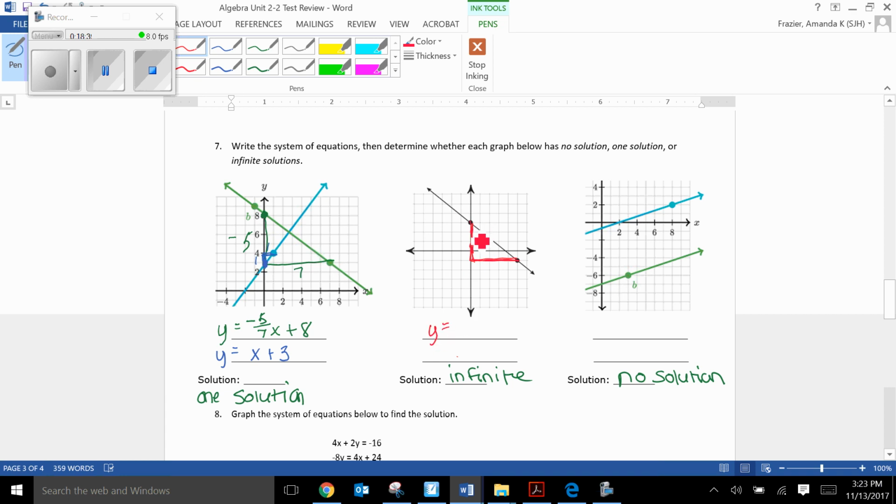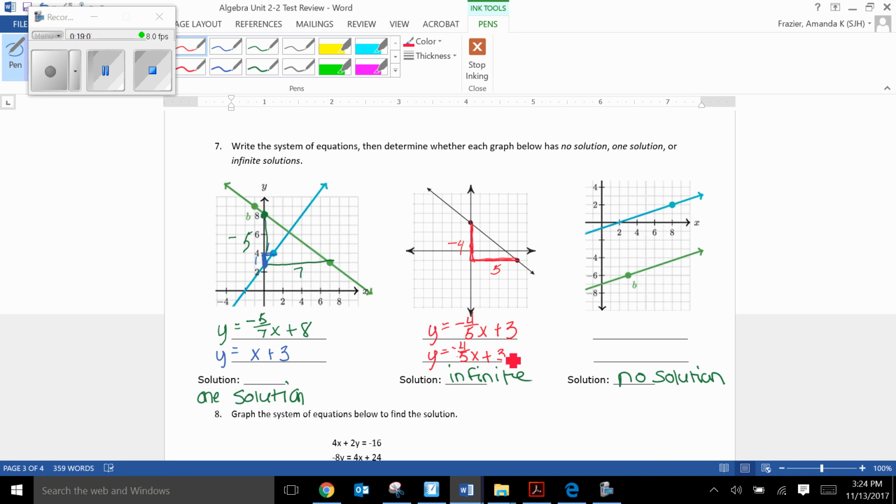And my slope is -1, 2, 3, -4 over 5. So I'll have -4/5 x plus 3. And really that would be written twice, but again, it would probably be in a different form. So it might be changed to standard form or something like that.